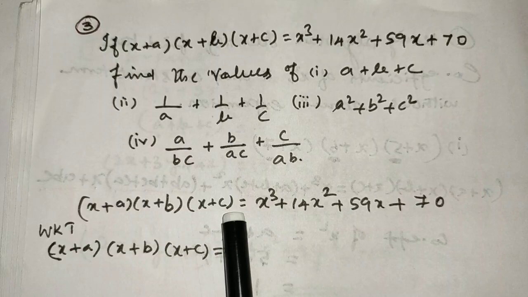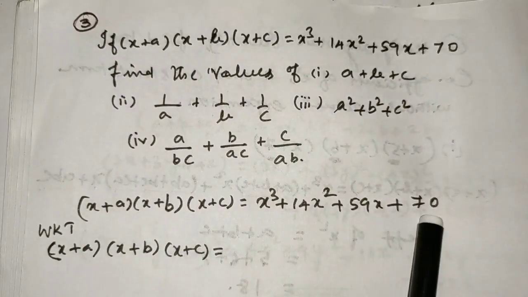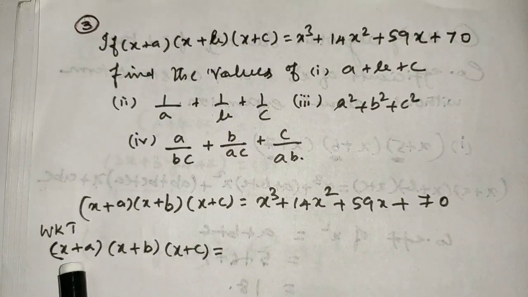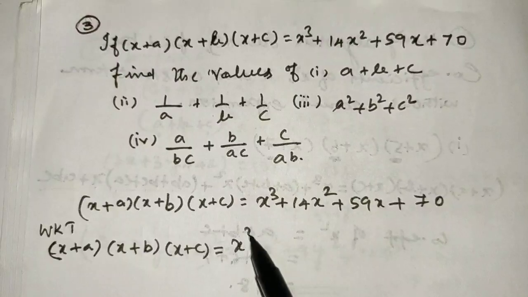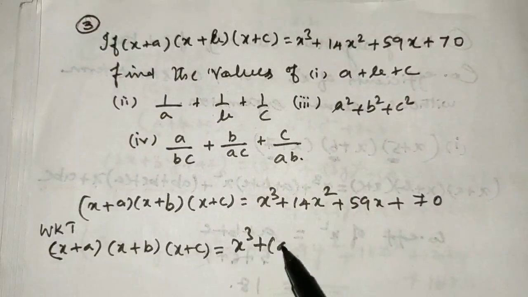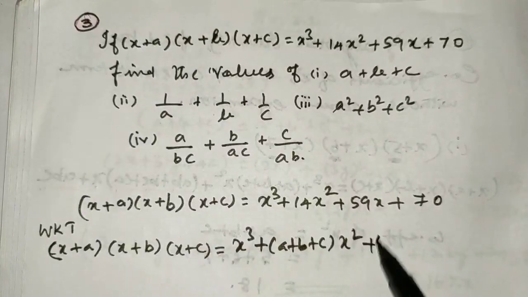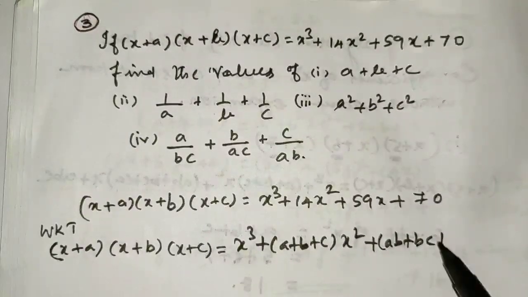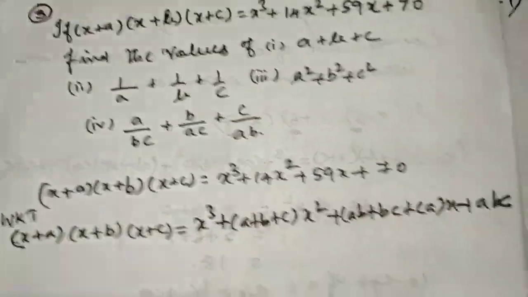(x + a)(x + b)(x + c) = x³ + 14x² + 59x + 70. We know that (x + a)(x + b)(x + c) is the expansion of x³ + (a + b + c)x² + (ab + bc + ca)x + abc.